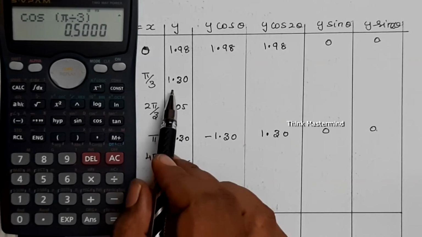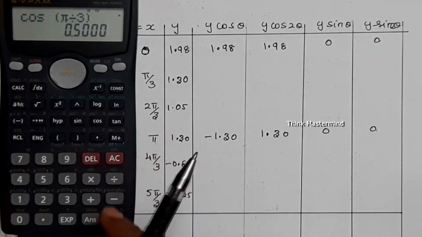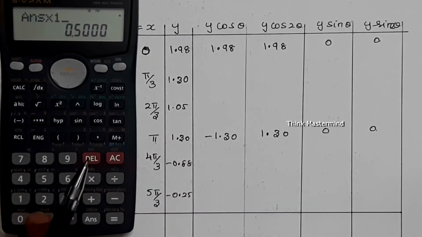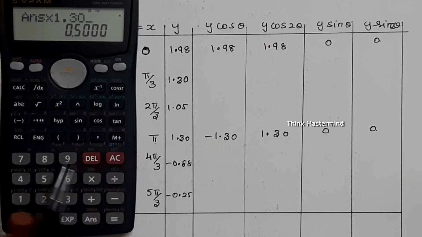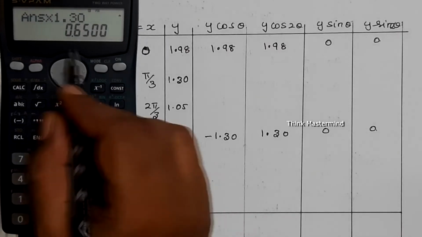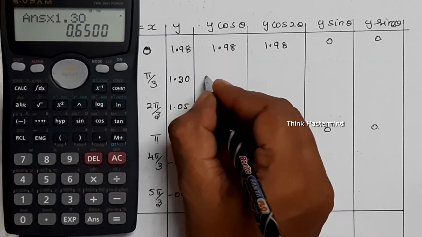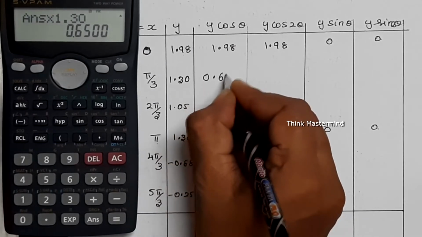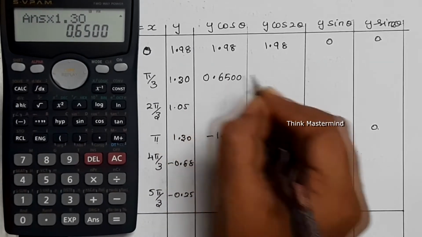What is the y value? That is 1.30. So 0.5 into 1.30 is equal to 0.65, that is 0.6500.